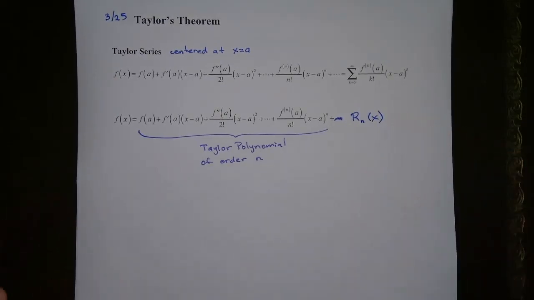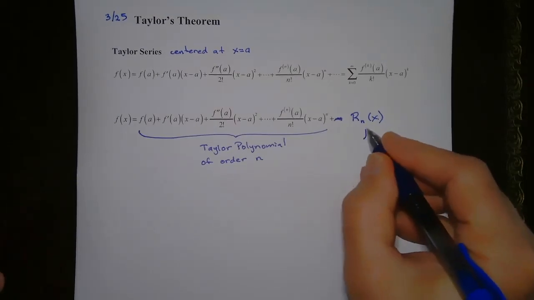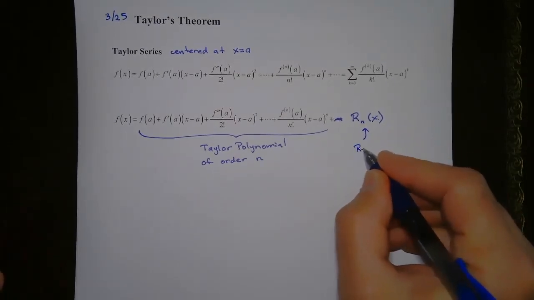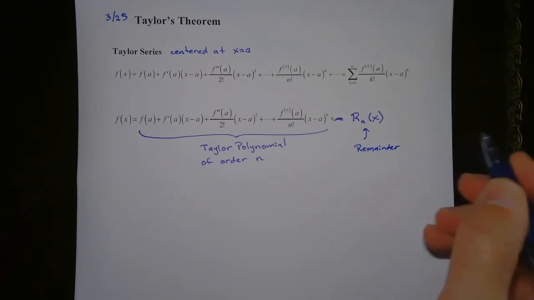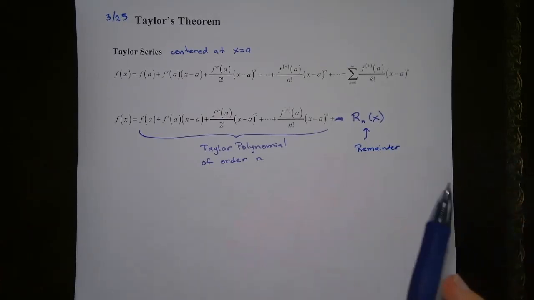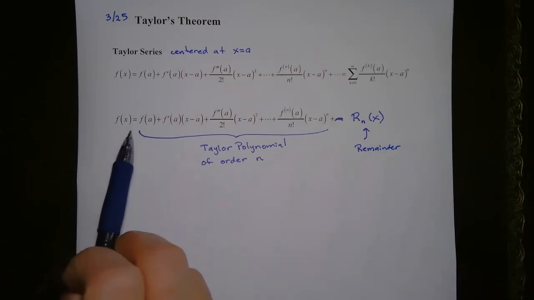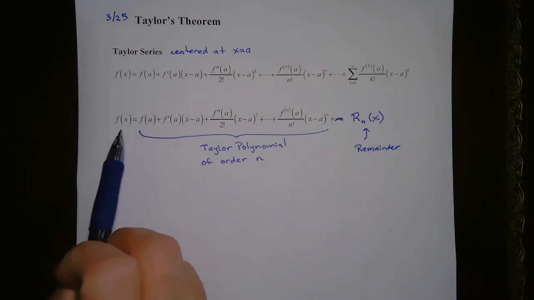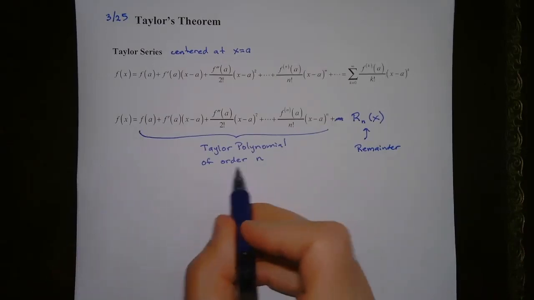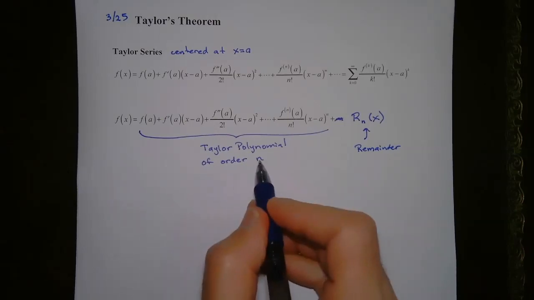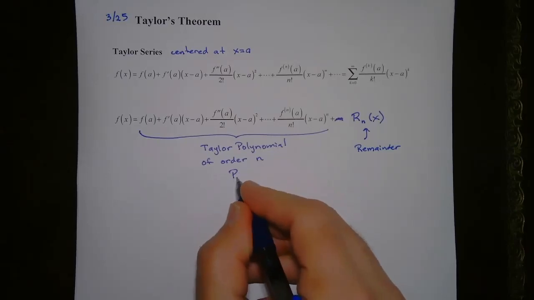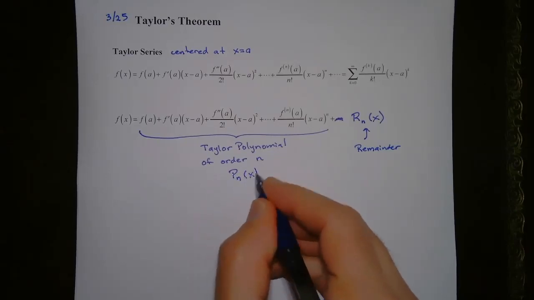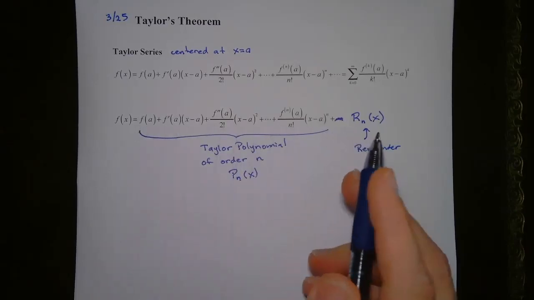So this is called the remainder, and that's the leftover part that we're not using to make the Taylor polynomial equal the function. If this is the Taylor polynomial of order n, we would say p sub n of x. So that's what this piece is.